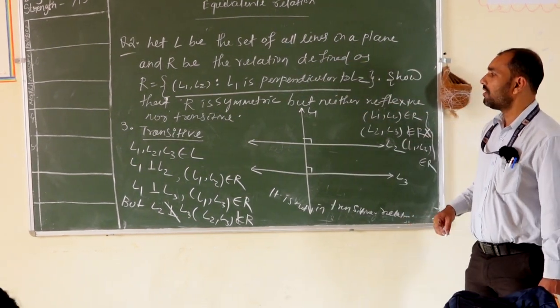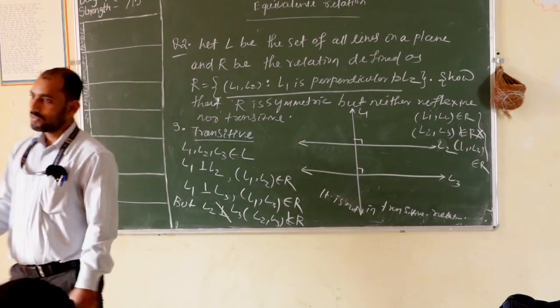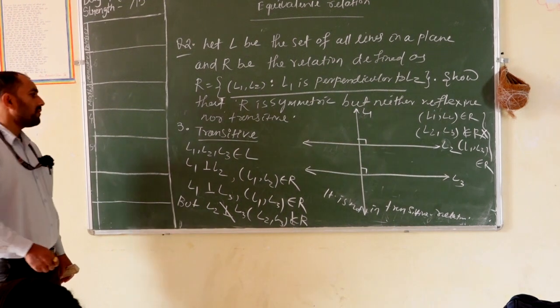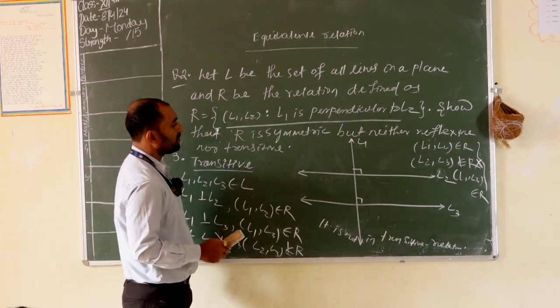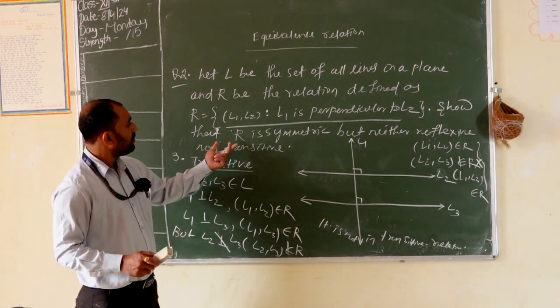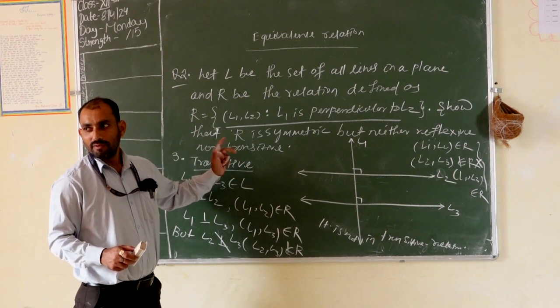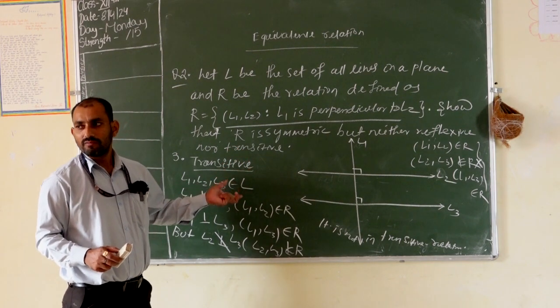That means it is not a transitive relation. Clear? So as per your proof, it is clear: symmetric but neither reflexive nor transitive.